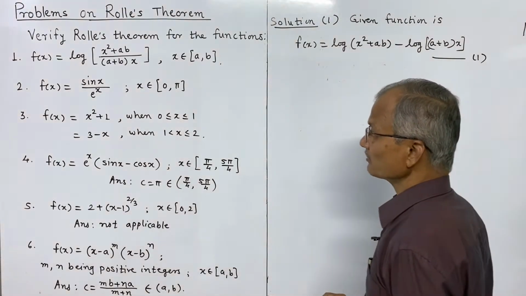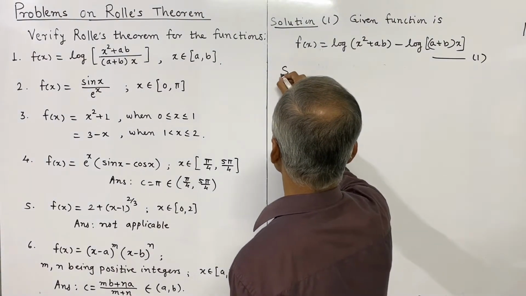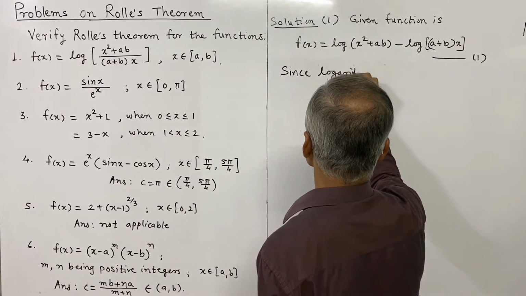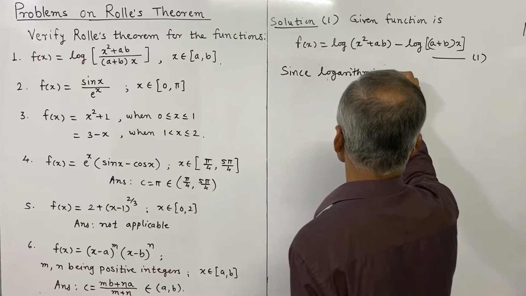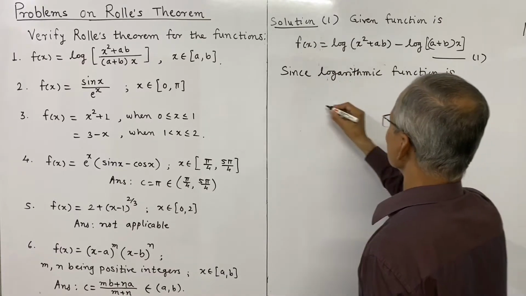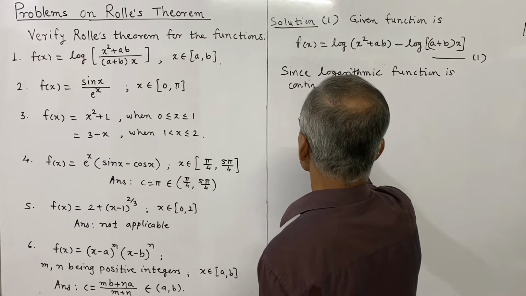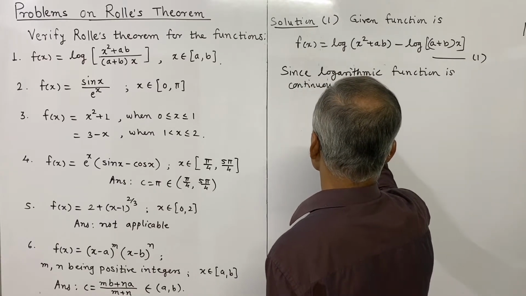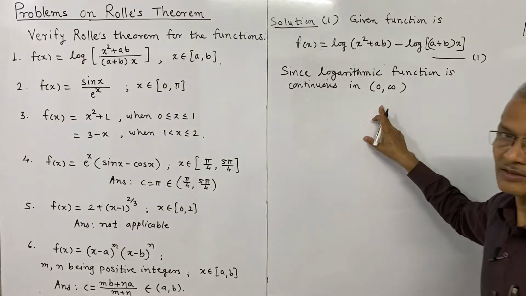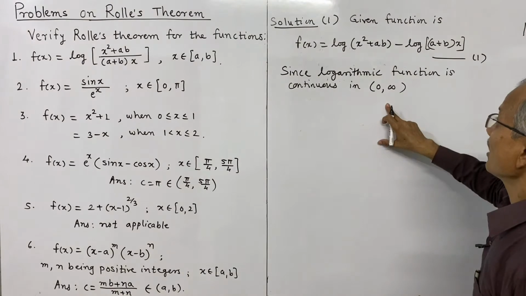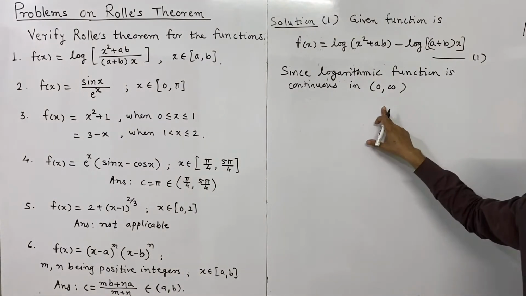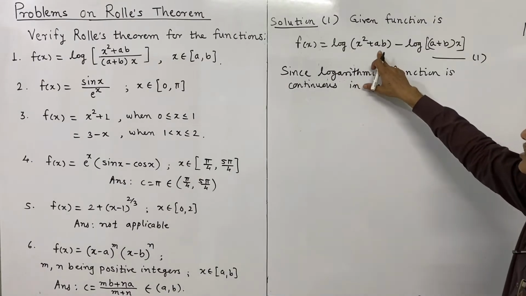So, we can write the reason, since logarithmic function is continuous in the positive real numbers, that can be written as 0 to infinity. And we may see that if a, b are real numbers, then this quantity is positive.